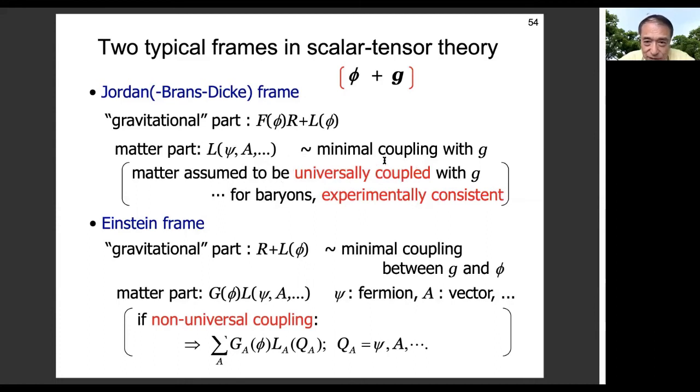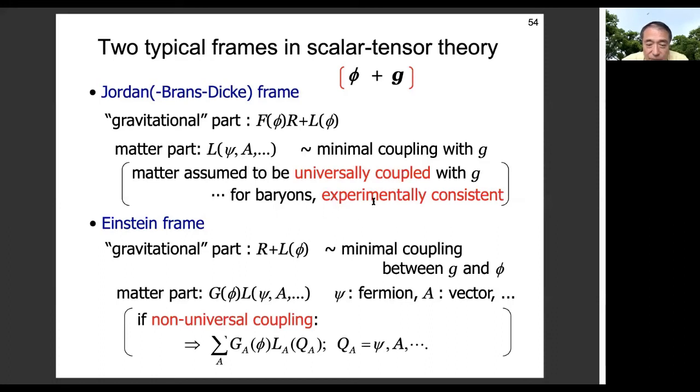But for the moment, we assume this is universal, and from an experimental point of view, at least for baryons, there are several equivalence principle tests, and they say the coupling is independent of the charge or the baryon number and so on. It seems that everything is coupled universally, at least as far as the matter contents we know, the standard model matter contents, are concerned.